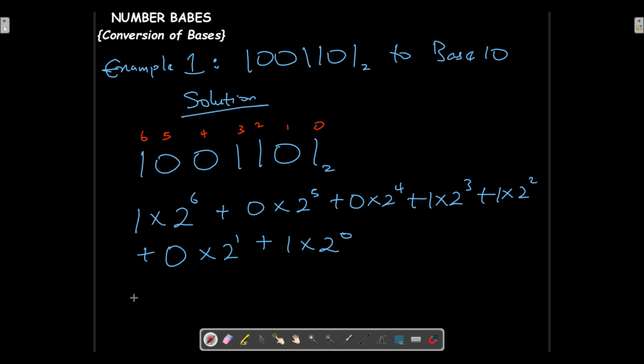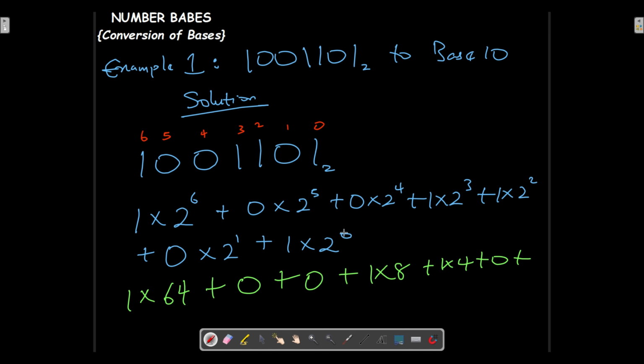We understand that this will become 1 multiplied by 2 raised to power 6 is 64, plus 0 times whatever this gives us is 0, so we don't need to rack our mind with that. So it's plus 0 plus 0 plus 2 raised to power 3 is 8, plus 1 times 8, plus 1 times 4, plus 0, plus 2 raised to power 0 is 1.